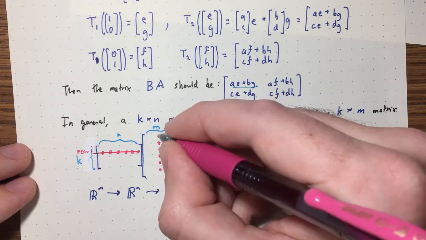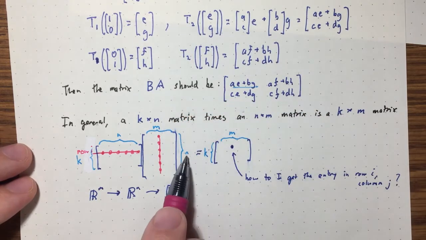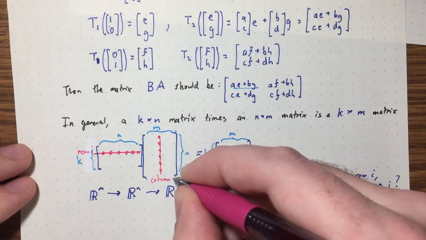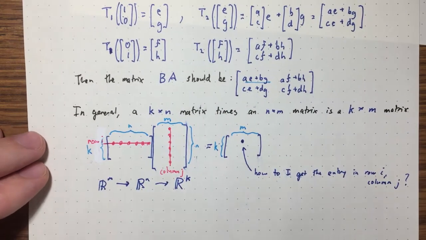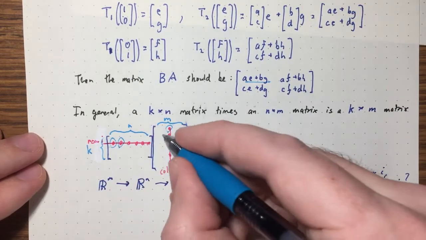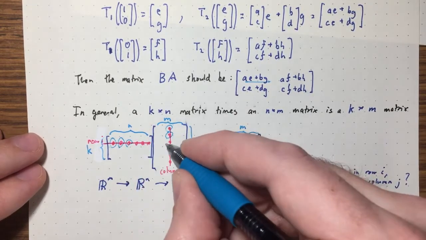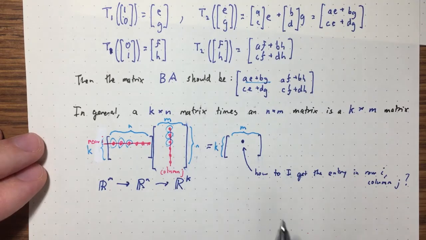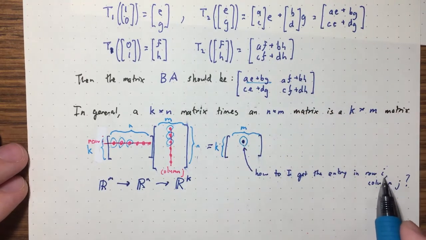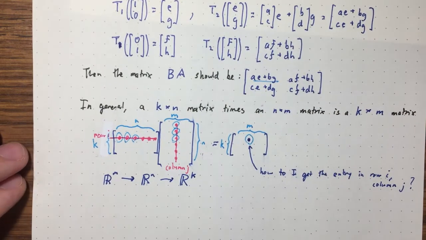That better be the same number of entries, n. So this is column j of the second matrix. And then I do this one times that one, plus this one times that one, plus that one times that one, etc., all the way down the line. And then whatever I get, that huge sum is just going to be that entry right there. It'll be row i, column j of my resulting matrix.